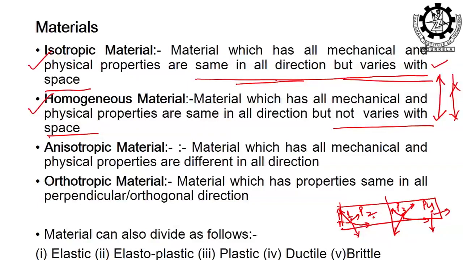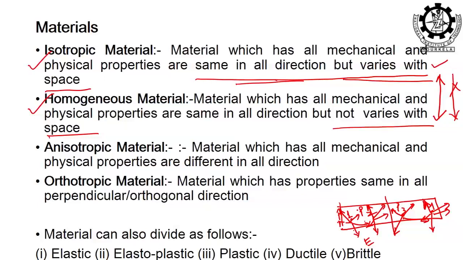The properties, physical and mechanical, since we are discussing everything mechanically, let us say I am talking about E, Young's modulus, which all of us are very familiar with. This E is the same in this direction, this direction, this direction, in all directions.